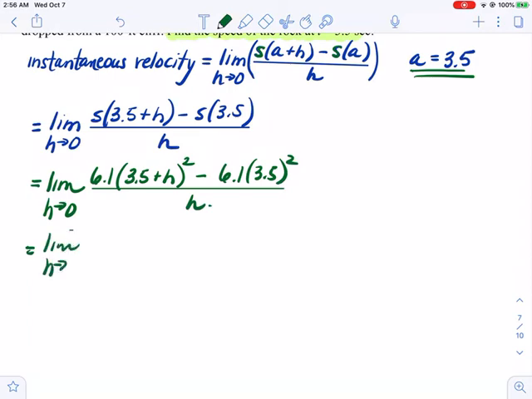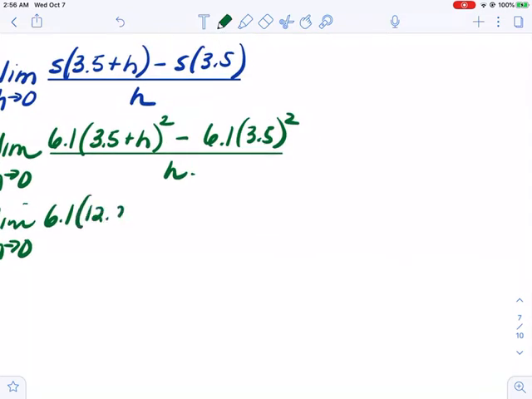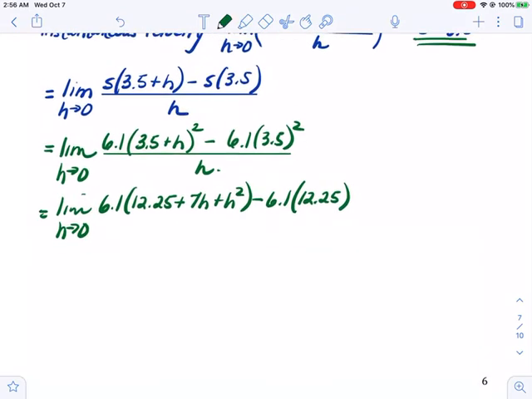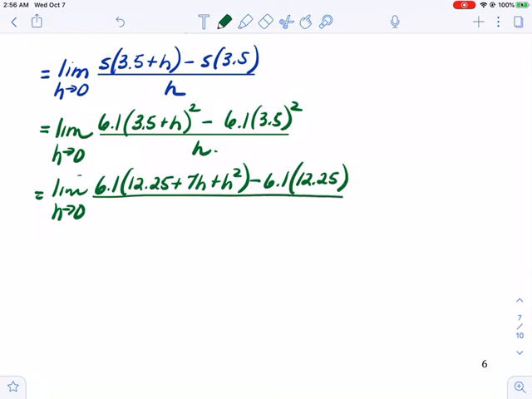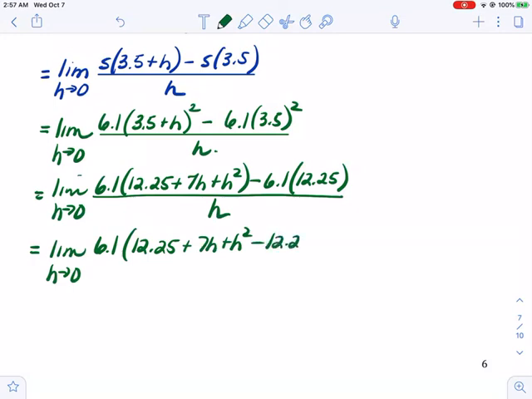So that's equal to the limit as h approaches 0. I'm going to leave the 6.1, and then I get 12.25 plus 7h plus h squared, minus 6.1 times 12.25 when I square 3.5, all over h. Then we have the limit as h approaches 0 of, taking the 6.1 out, 12.25 plus 7h plus h squared minus 12.25, all over h.